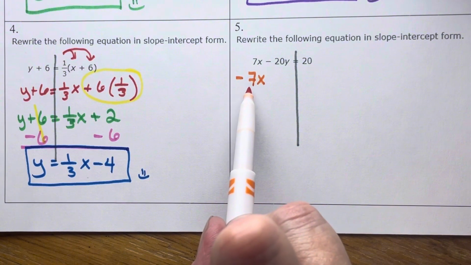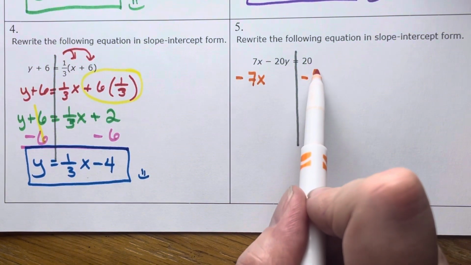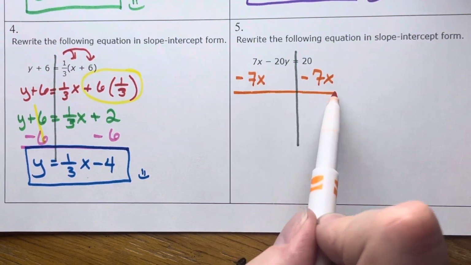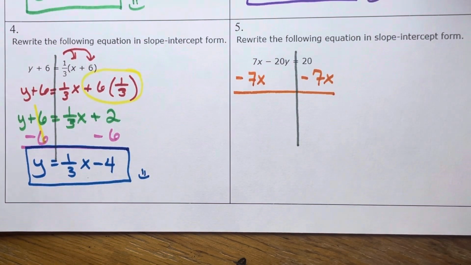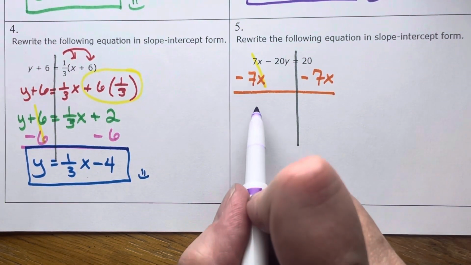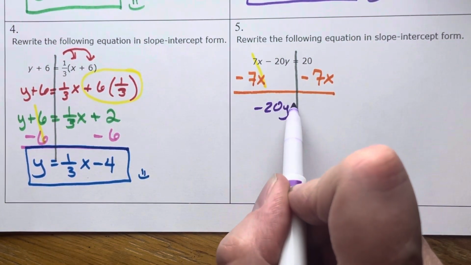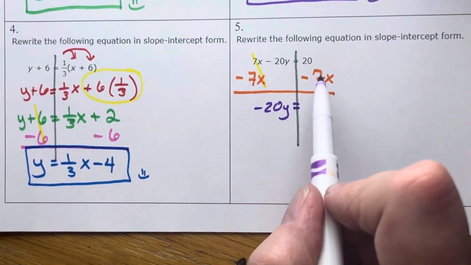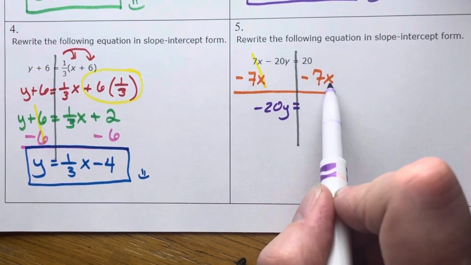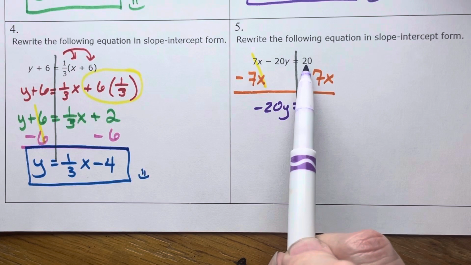And what you do on one side, yep, you do that to the other side also. The purpose of this is to make the 7x's cancel out, leaving you with negative 20y equals, now this 7 has an x on it, but the 20 does not have an x.